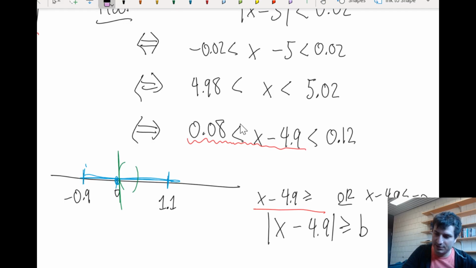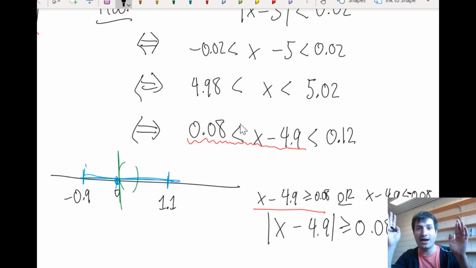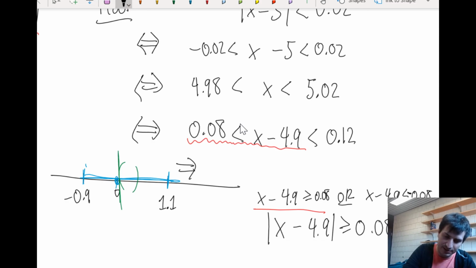So these last lines, I can fill them in now. 0.08, 0.08. This one should have a negative 0.08. And look, if x minus 4.9 is between 0.08 and 0.12, then definitely 0.08 is less than x minus 4.9.